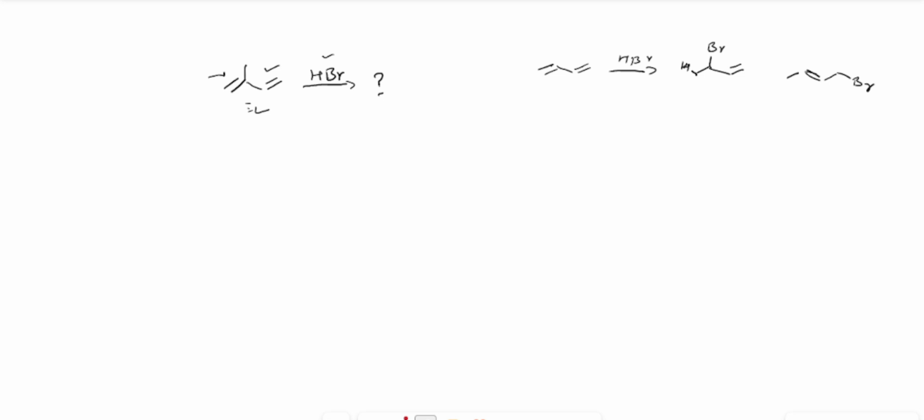If this hydrogen gets attached to carbon number 1, let me label them for you, we will have a carbocation at carbon number 2. So hydrogen comes here, a carbocation is here. If the hydrogen is taken by carbon number 2, then we will have a carbocation at carbon number 1.